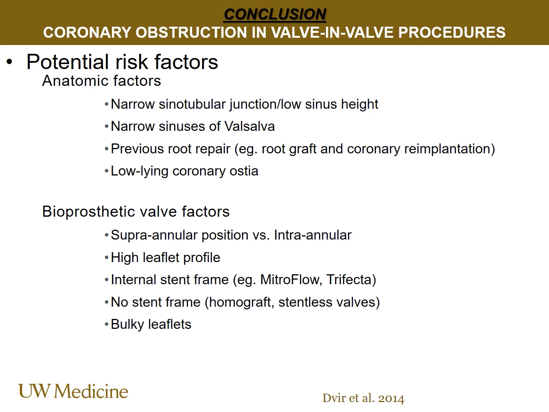From the bioprosthetic valves, we know there are factors of the annular, whether it's intra-annular or supra-annular positioning, high leaflet profile, internal stent frame, no stent frame, as well as bulky leaflet. So all of these have to be considered when planning for a TAVR valve-in-valve and avoiding coronary artery obstruction.